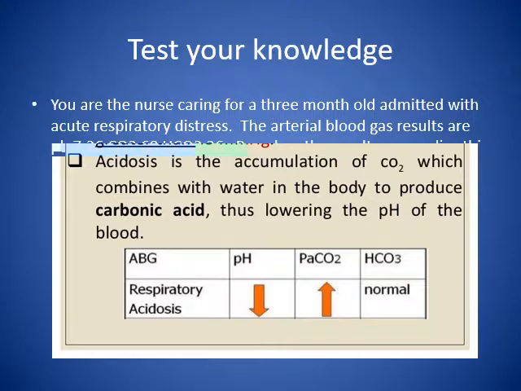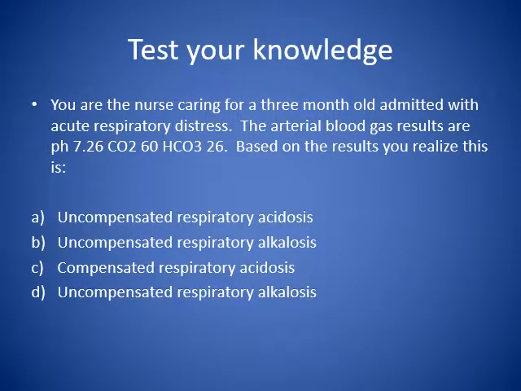So here's a question for you. I want you to test your knowledge. You are the nurse caring for a 3-month-old admitted with acute respiratory distress. The arterial blood gas results are a pH of 7.26, a CO2 of 60, a bicarb of 26.